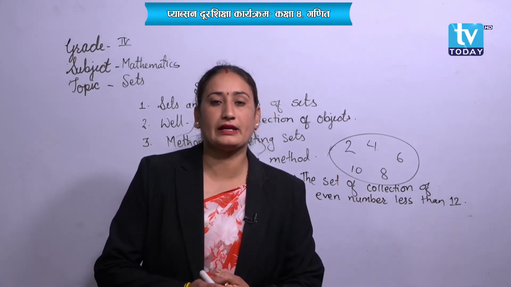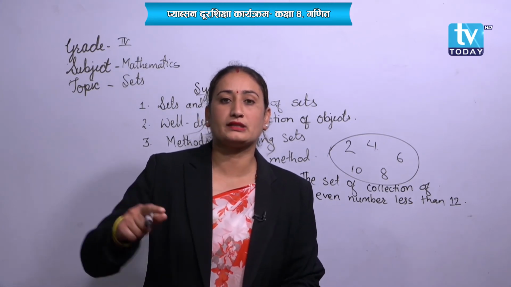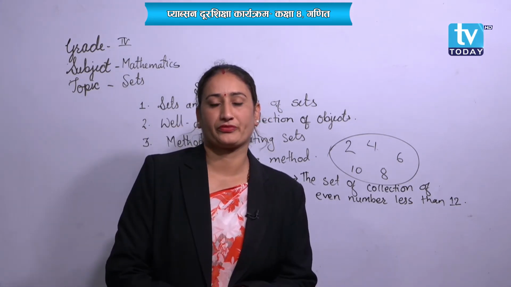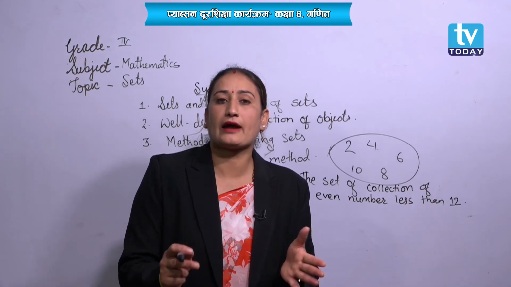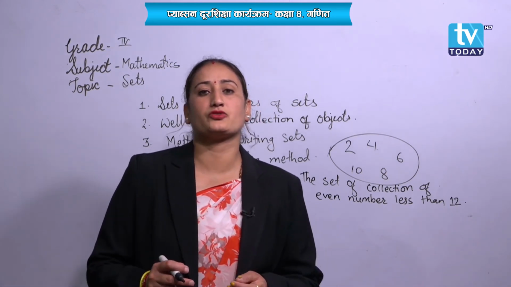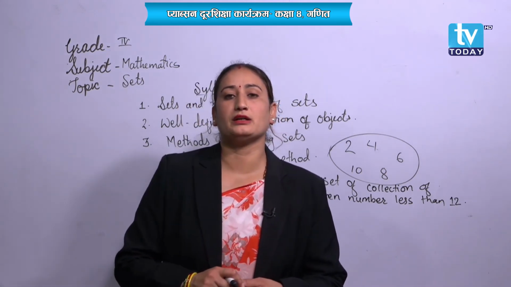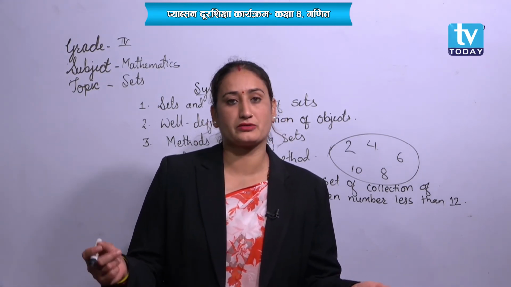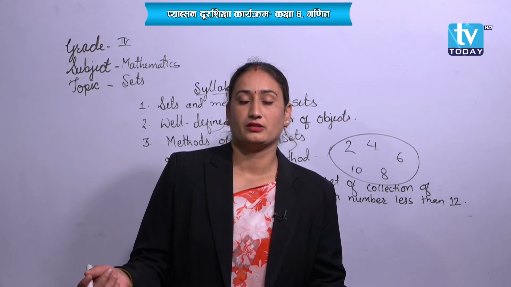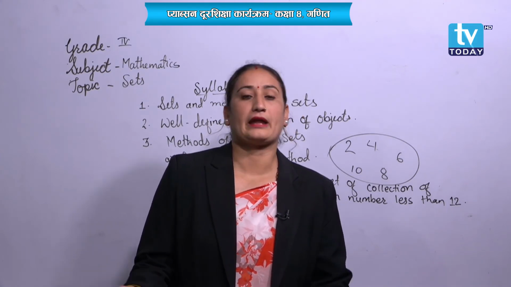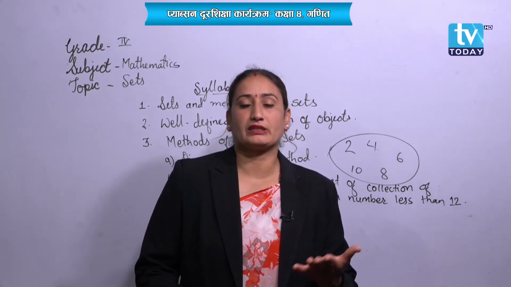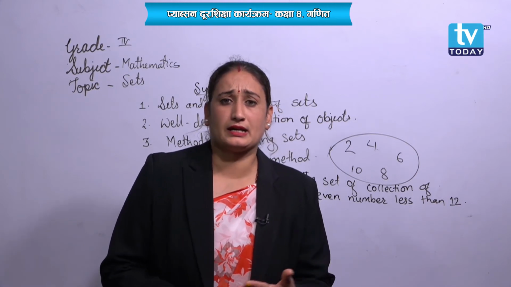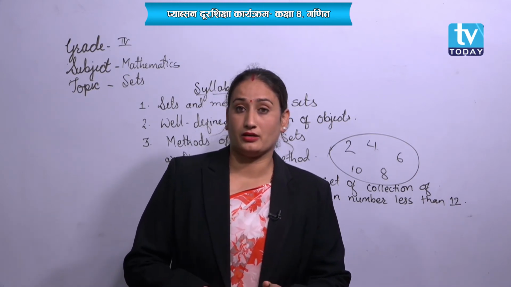List out the names starting with letter A. That means you have to write the names of the students starting with the letter A, just like Avas, Ayush, Arushi. That means it's starting with letter A. That means it's a listing method.